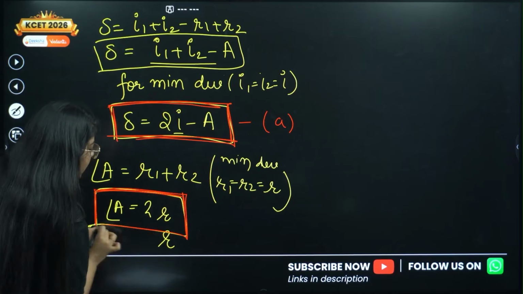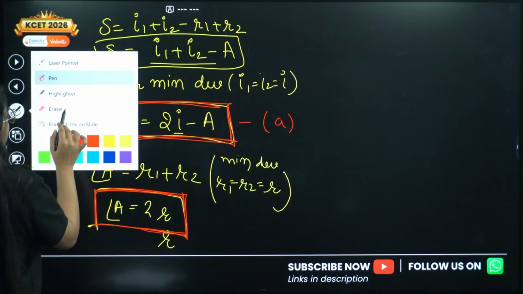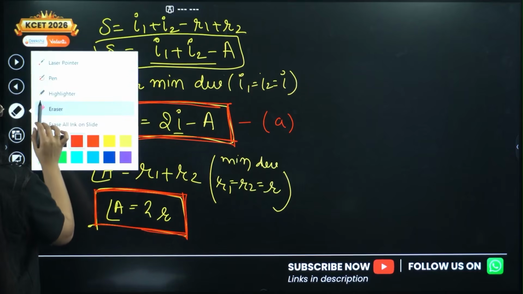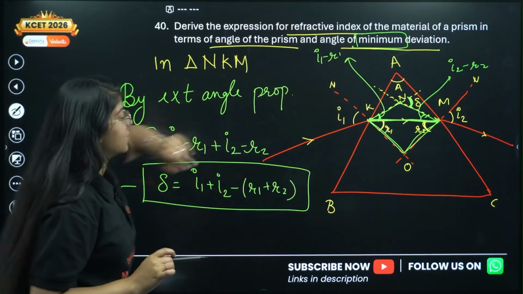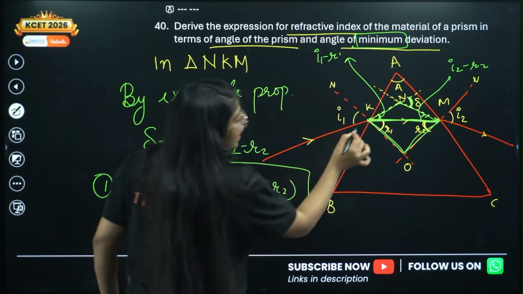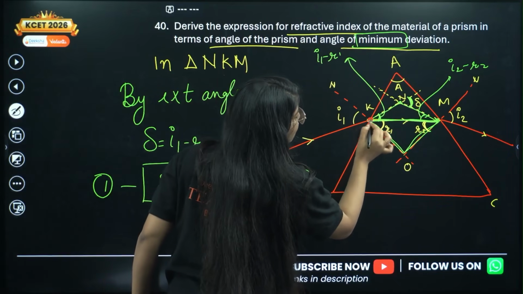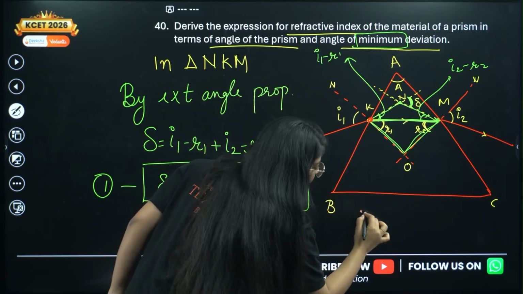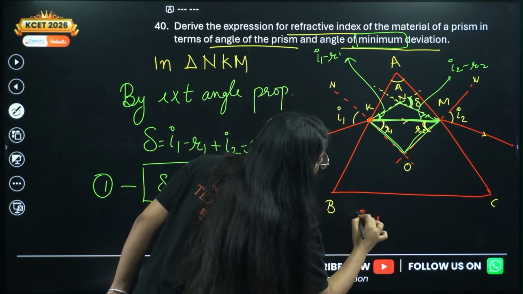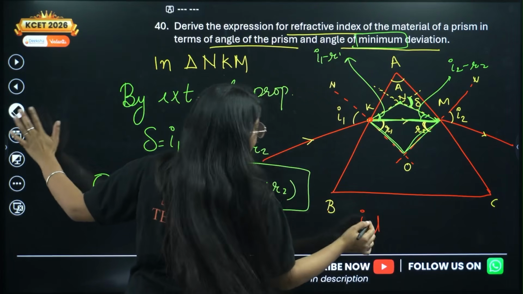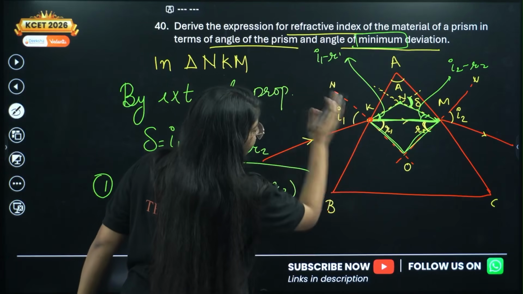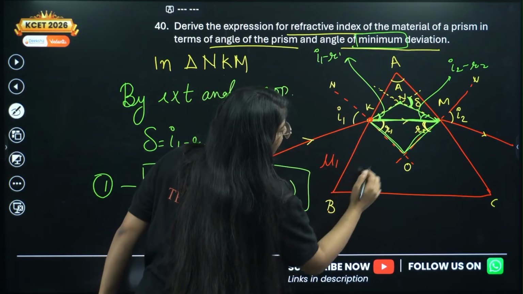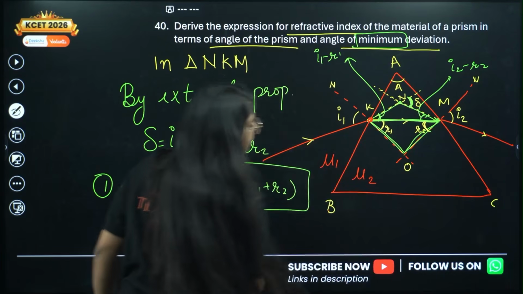Now they have asked us to find the expression for refractive index. Now refractive index at this point will be what? Let's say the refractive index of the outer medium is mu1 and inside it is mu2, correct?